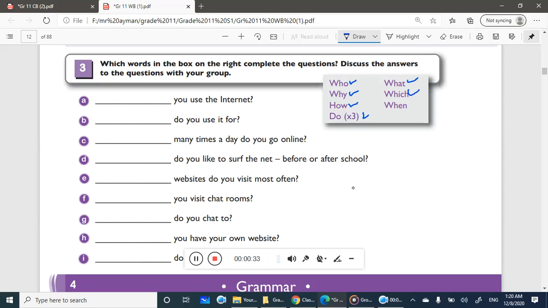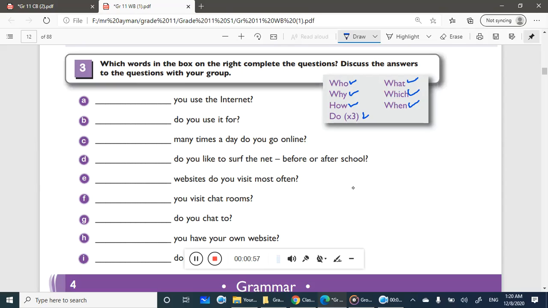Which? The same, maybe things or people, but the choices here are limited. When you ask people for a pen, he asks you which color you need, yellow or green. Okay, so the last one, when, it asks about the time.